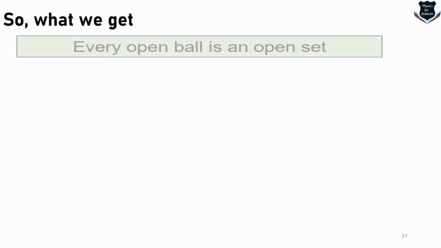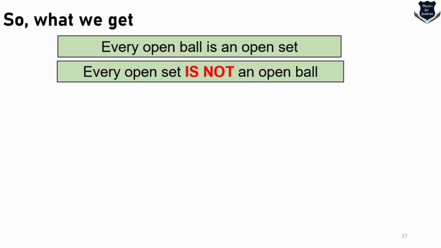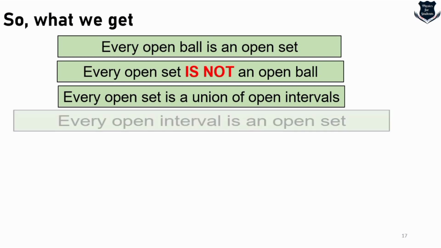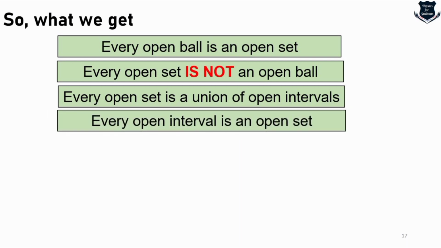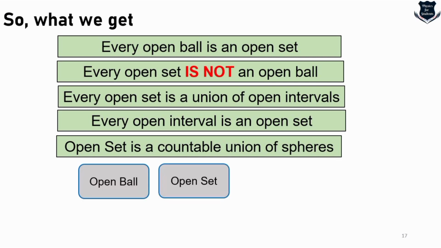Okay, so what we get is that every open ball is an open set, but every open set is not an open ball. Every open set is a union of open intervals. Every open interval is an open set. An open set is a countable union of spheres. Here it comes, an open ball is an open set.